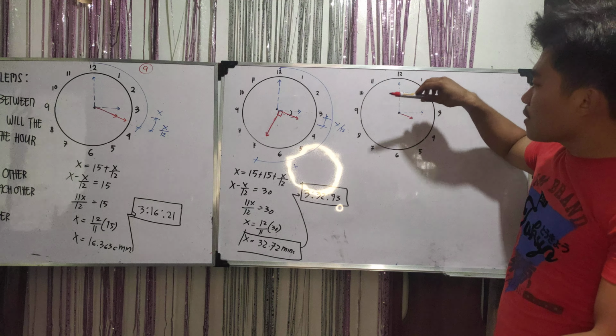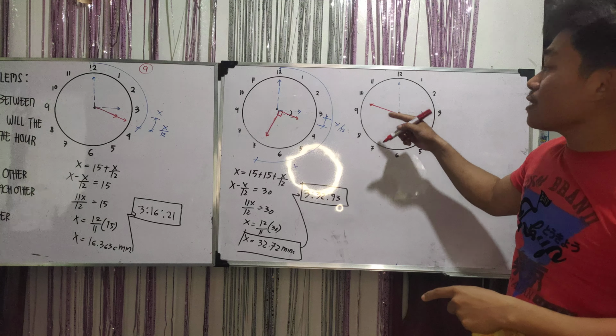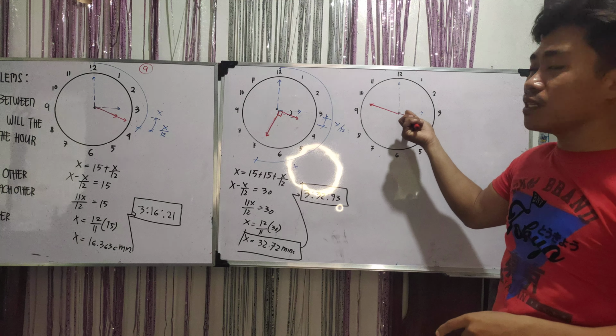If the hour hand has moved below 3, in short, yung minute hand mo is tatama dun above 9. But hindi abot sa 10. So, in short, dyan lang siya tatama. Again, hindi pwede na si minute hand lang yung nag-move. Dapat mag-move din si hour hand.